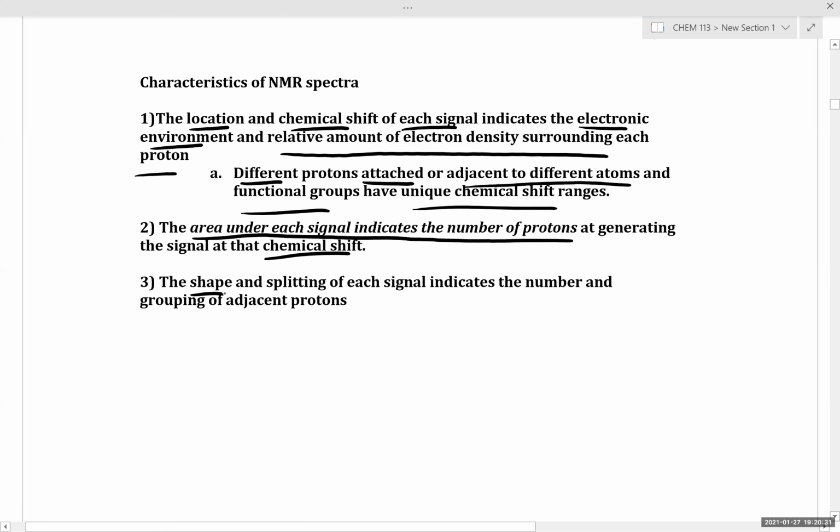Finally, the shape and splitting of each signal indicates the number and grouping of adjacent protons. So NMR is very information rich. As a result, by paying close attention to different features of the NMR spectra, we can derive a lot of information about our structure.